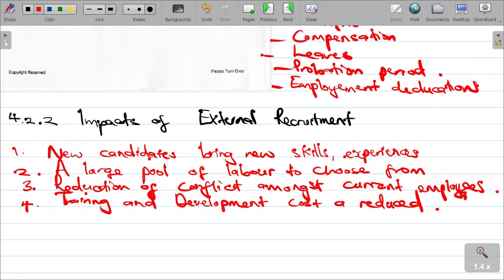And then you can find that the organization may be able to meet affirmative action and BBBEE targets.